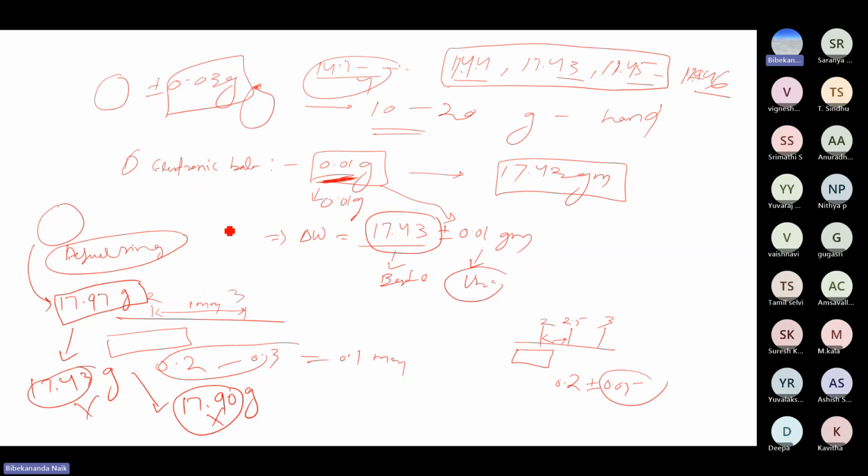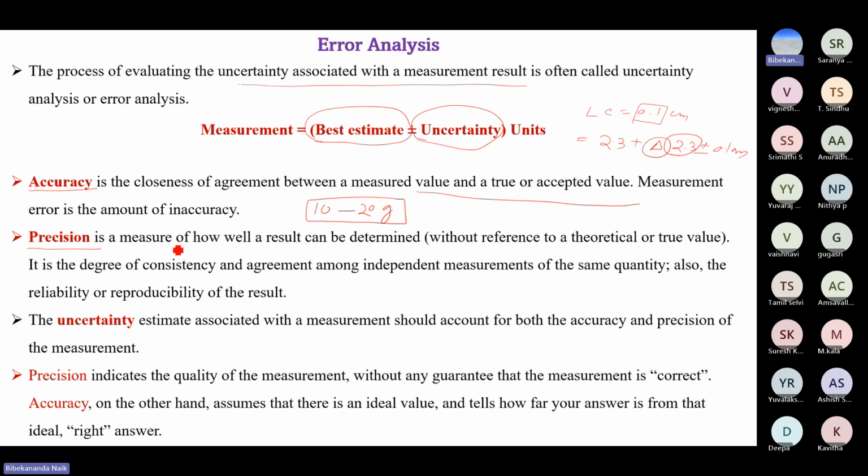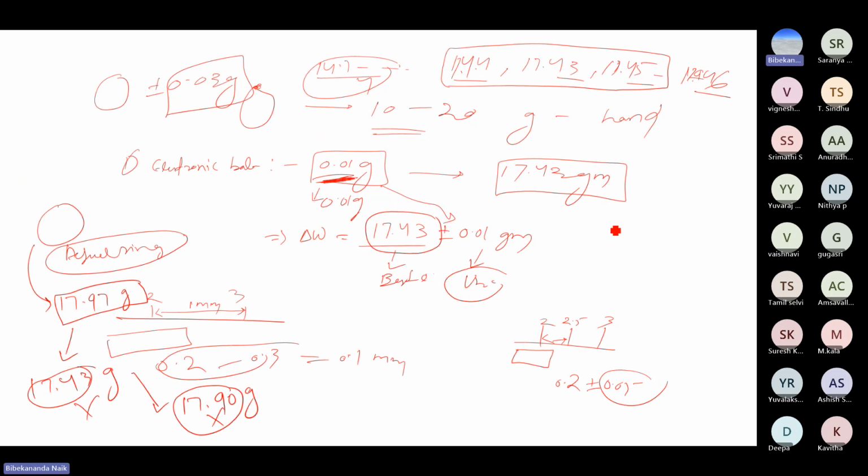But when you talk about precision, then precision comes from the least count of that instrument. Precision is a measure of how well a result can be determined. Suppose this is 17.43 gram. This is one reading, but another reading using another instrument that has a least count of only 0.1 gram gave 17.8 gram.